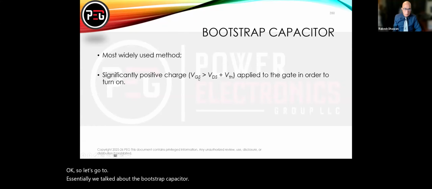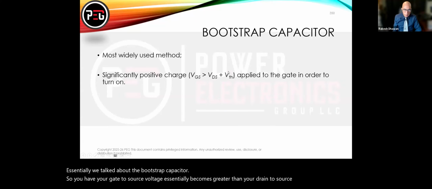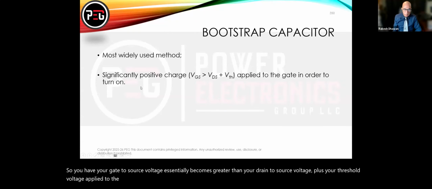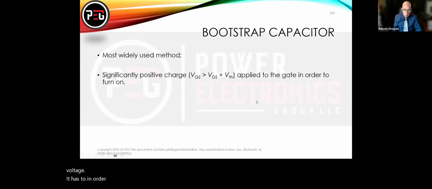Your gate to source voltage has to become greater than your threshold voltage applied to the gate in order to turn on. So your bootstrap capacitor floats quite a bit higher than your bus voltage. It has to, in order to drive the top MOSFET.